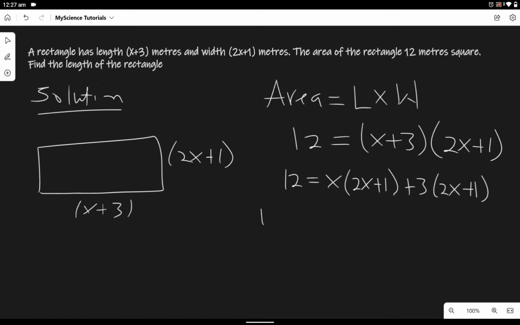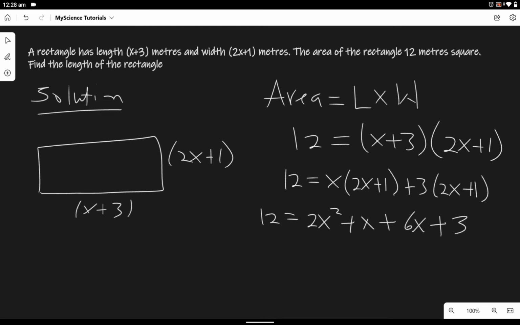So from here we can see that 12 is equal to x multiplied by 2x, which gives us 2x squared, plus x multiplied by 1 gives us x, plus 3 multiplied by 2x gives us 6x, plus 3 multiplied by 1 gives us 3.